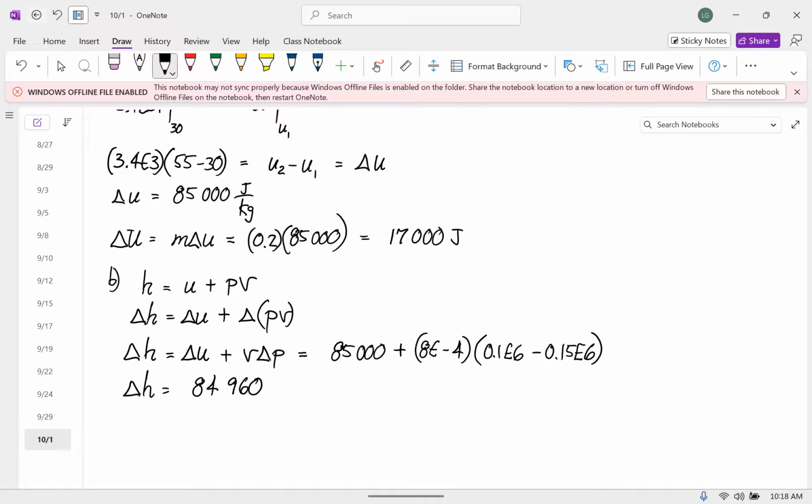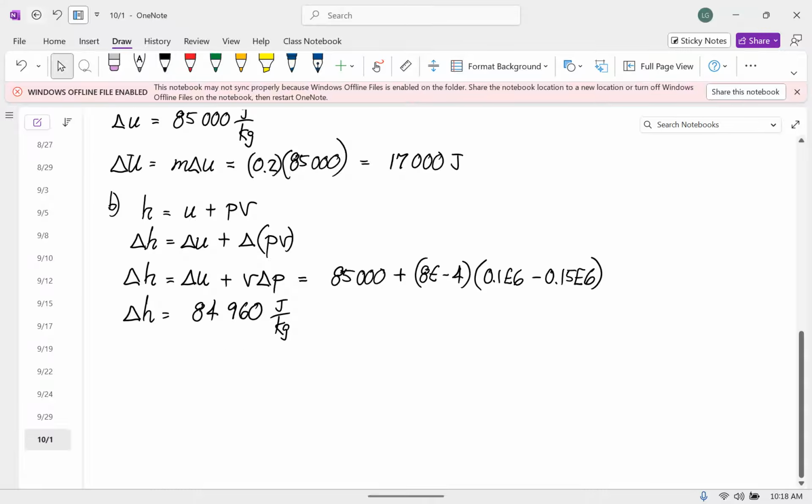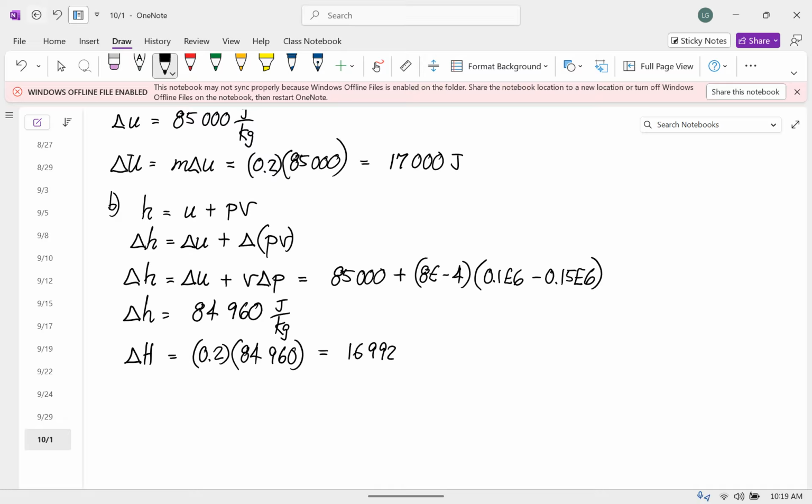Enthalpy also has units of energy, so this is in joules per kilogram because it's specific. And then the change in big H, the extensive change in enthalpy, is 0.2 times 84,960, so 16,992. And this is in joules.